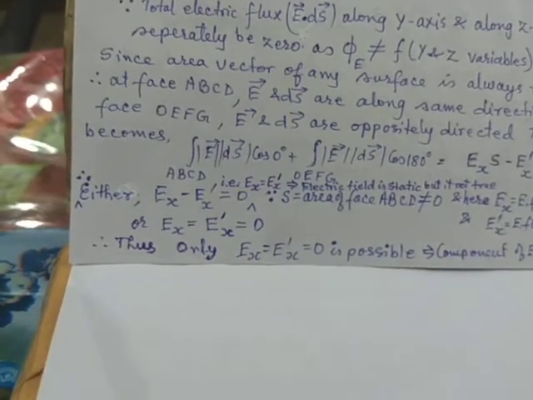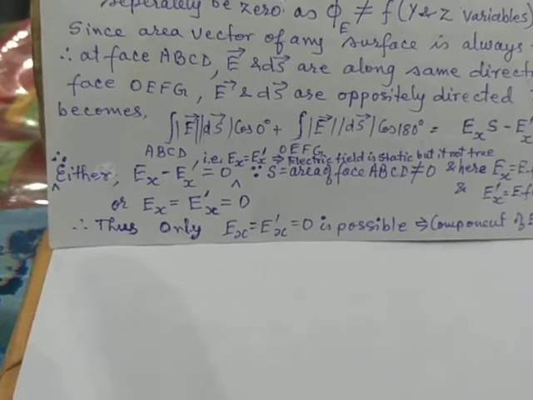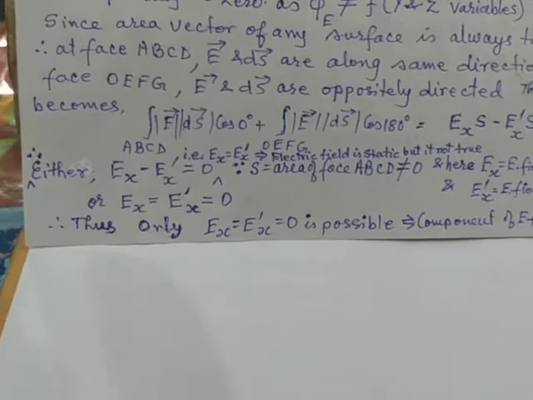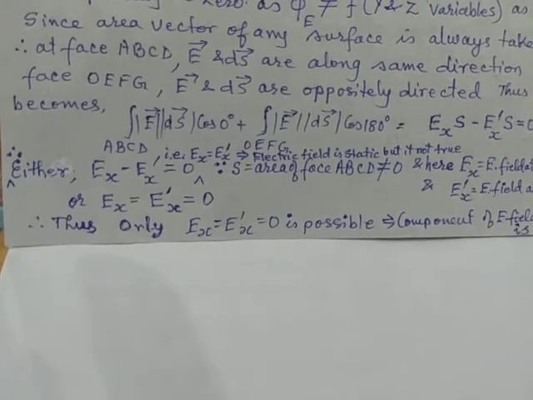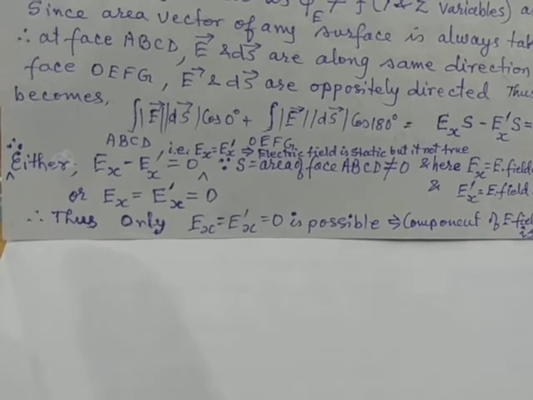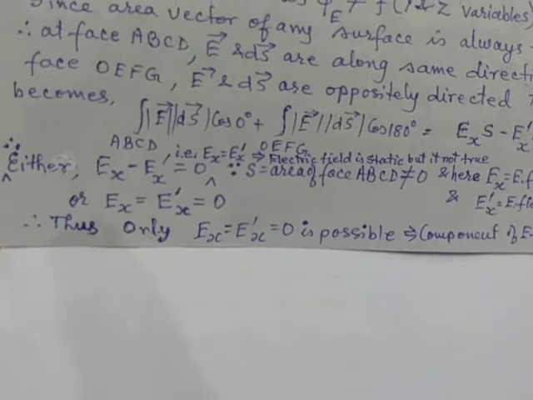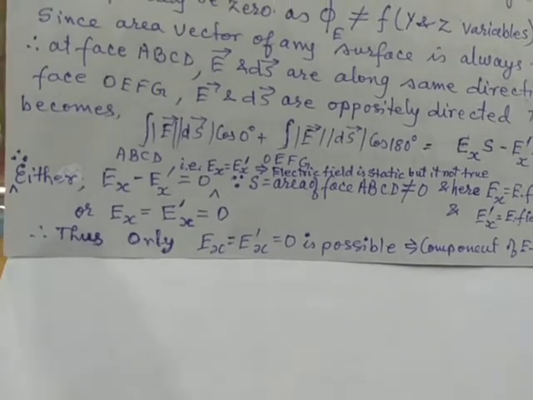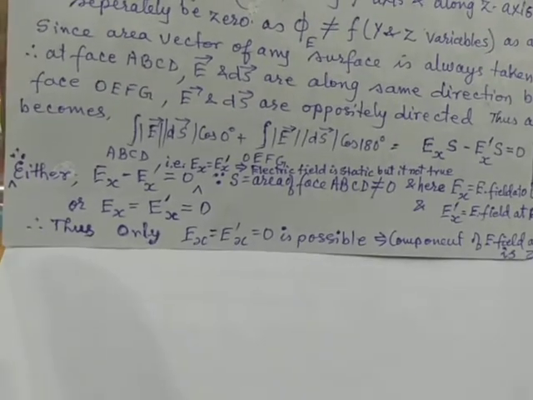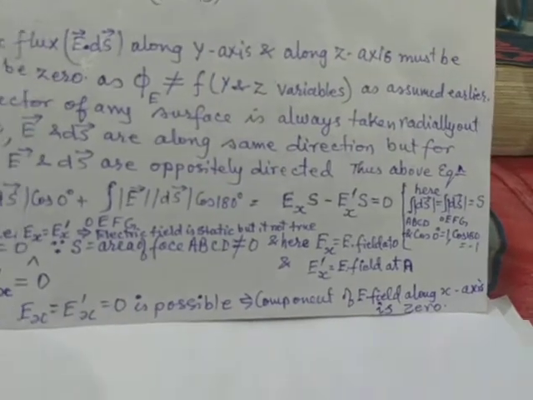So now either Ex minus Ex dash should be 0, or Ex equal to Ex dash equal to 0, means both Ex and Ex dash are either 0 individually, or Ex is equal to Ex dash. Only these two possibilities are there because the value of S is not 0.